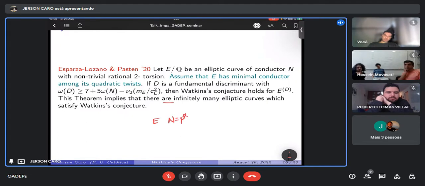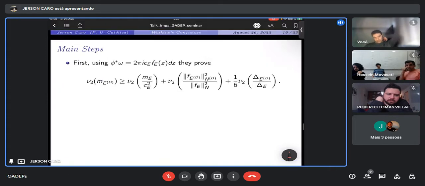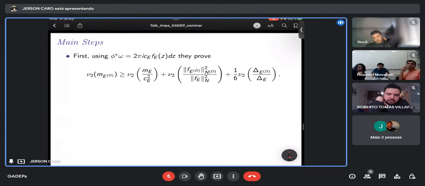Then we can compute these numbers, and we can do infinitely many quadratic twists of this curve, and all of them satisfy this conjecture.